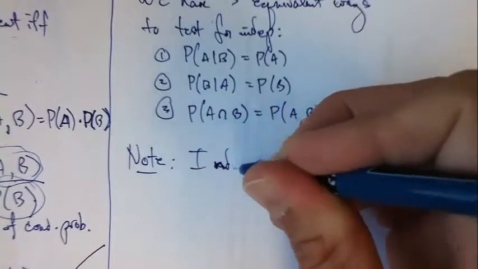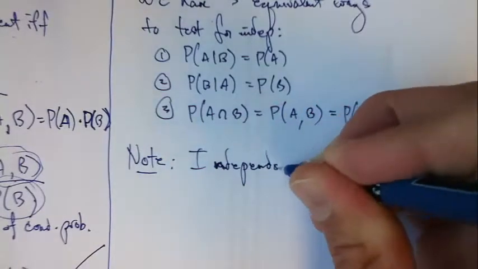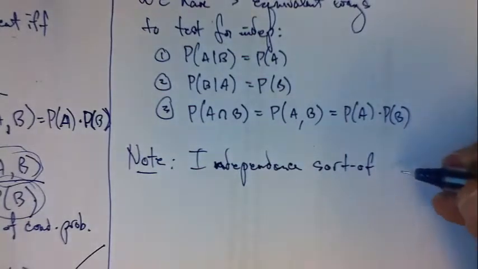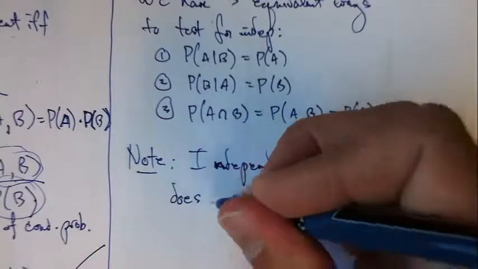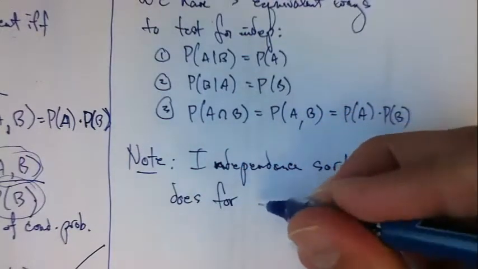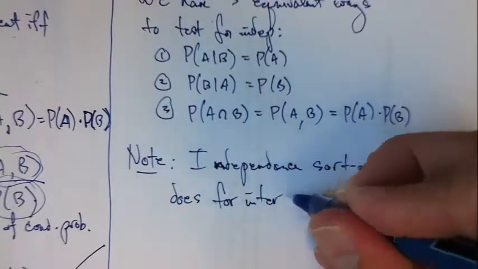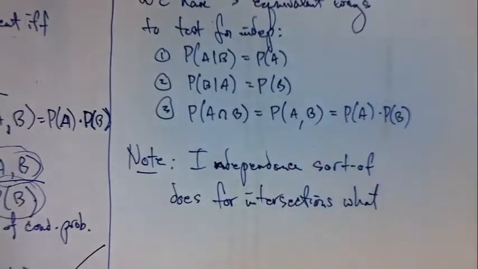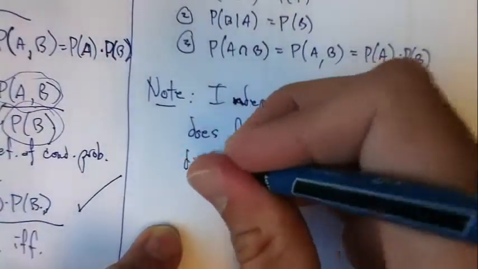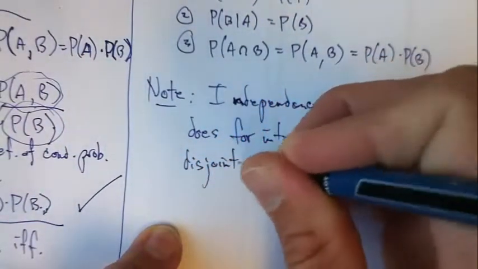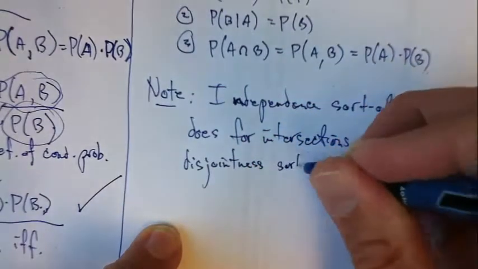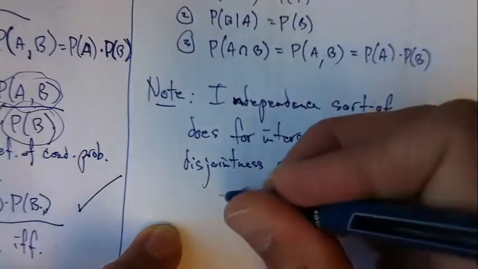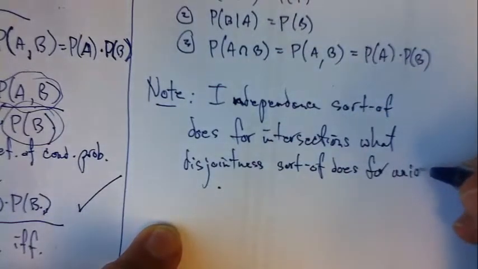Independence sort of does for intersections what disjointness sort of does for unions.